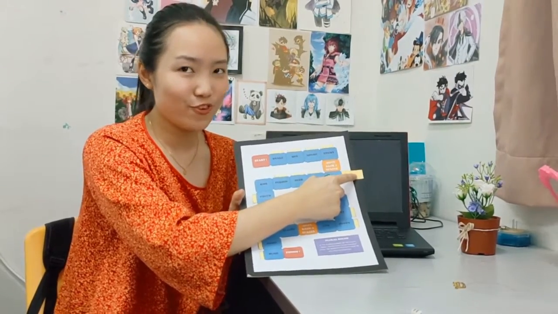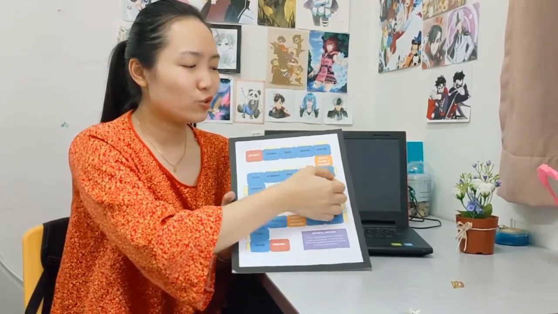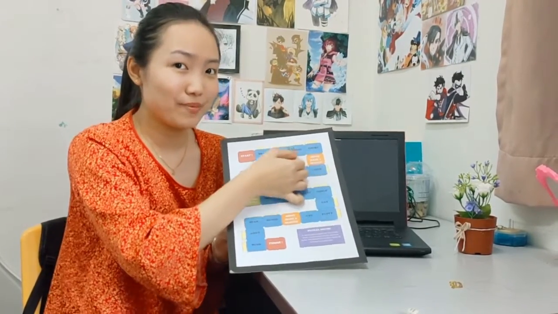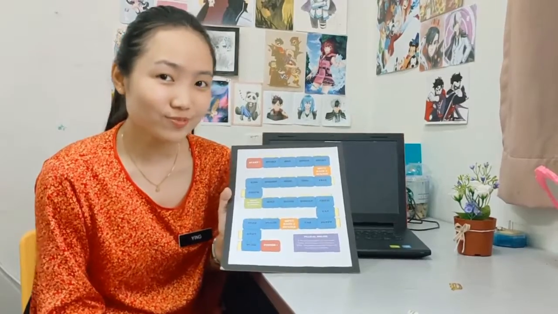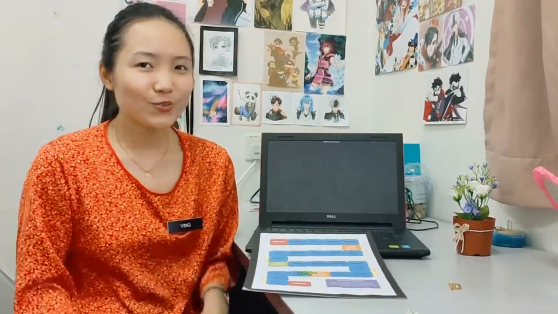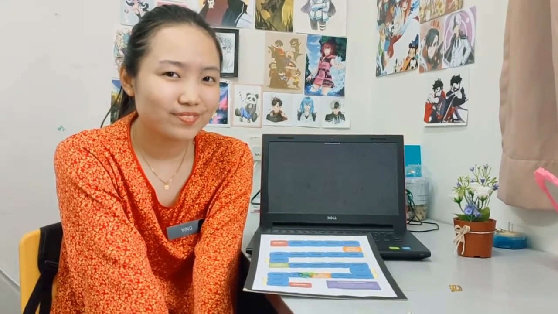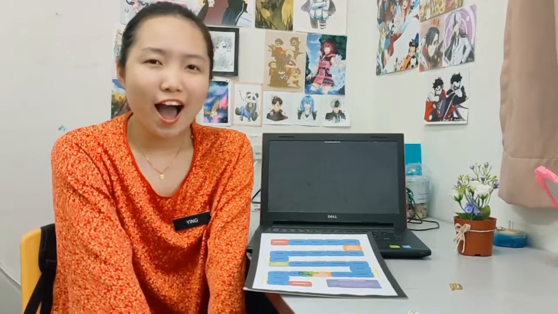So you can move on. But then, if you are wrong, then you need to return back to your previous place. Do you understand? Very good. Okay, so class, are you ready? Yes, very good. So have fun and good luck, my crew.